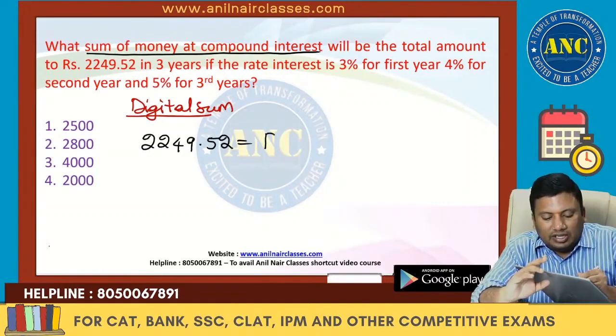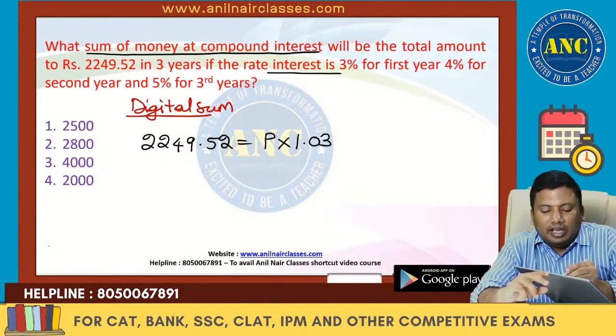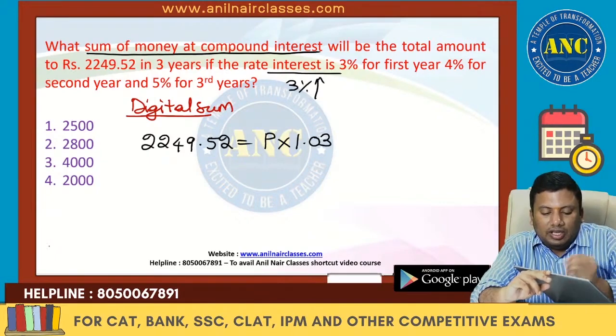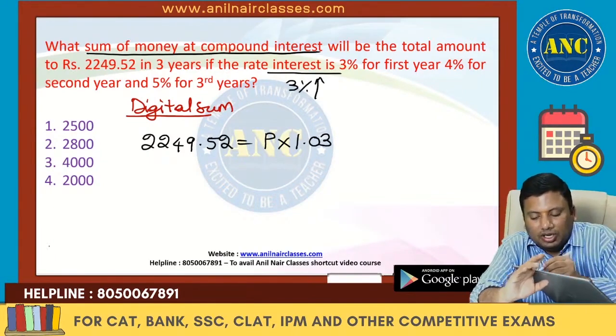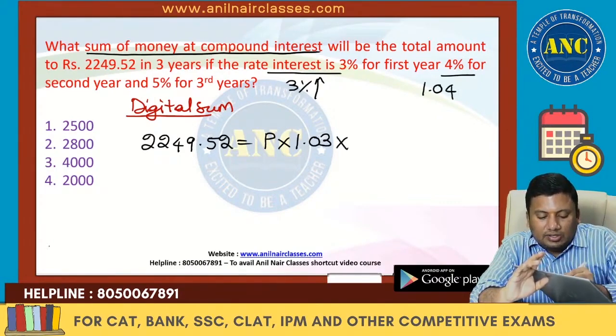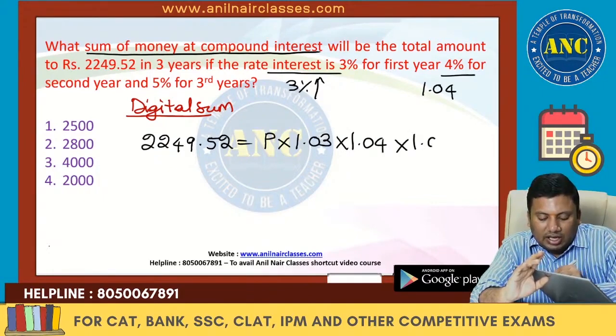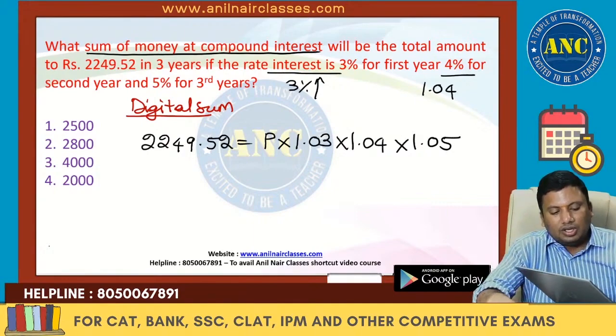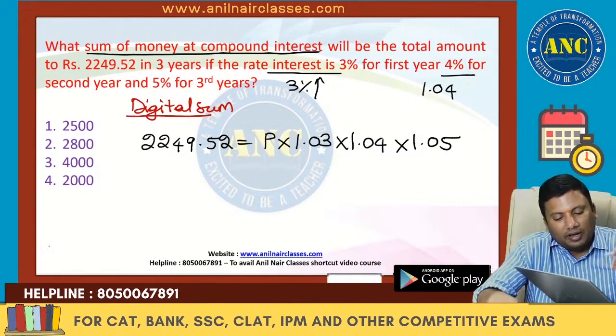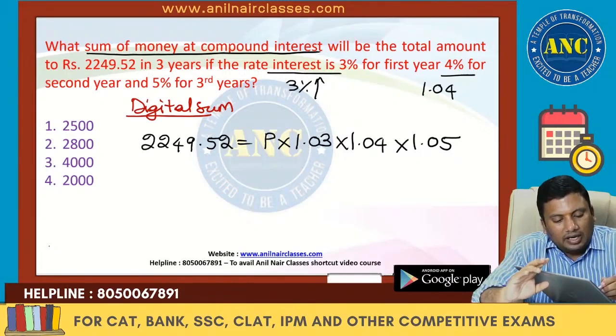First interest is 1.03, a 3% hike. On 100, 3 increase. Second, it is 4% increase, so 1.04. Again, 5% increase, so 1.05.